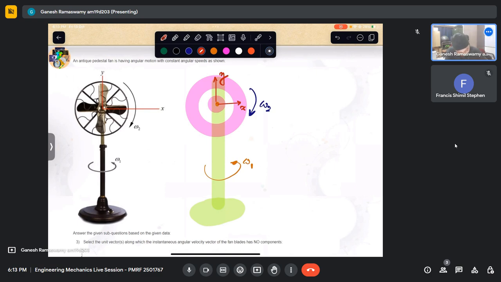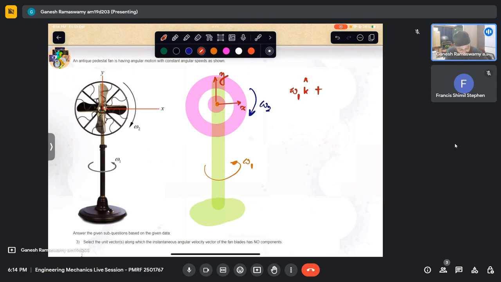Now let us say that I first connect myself to this frame, this pedestal. What will I be seeing? First of all, I rotate with omega 1, which is along k cap, upwards.